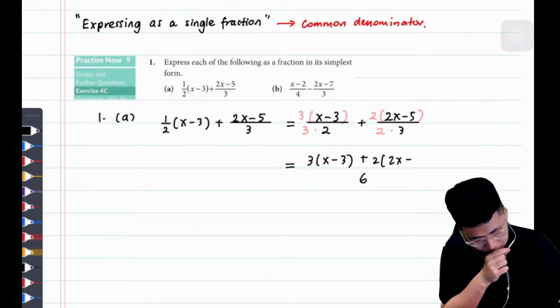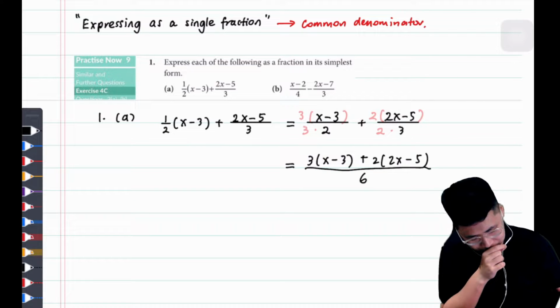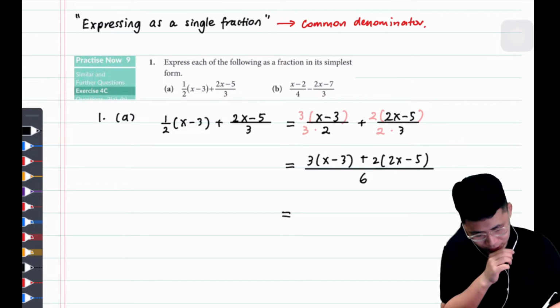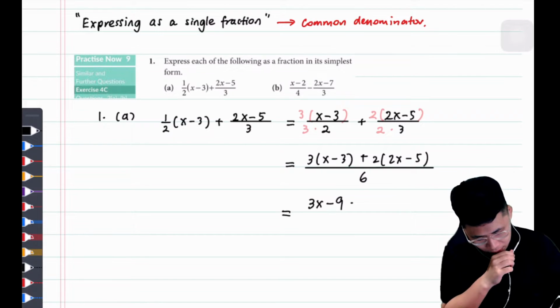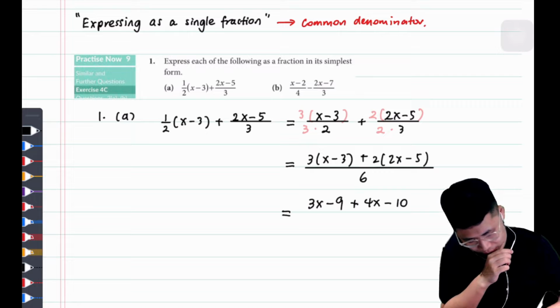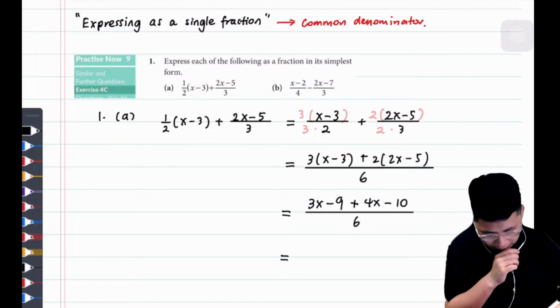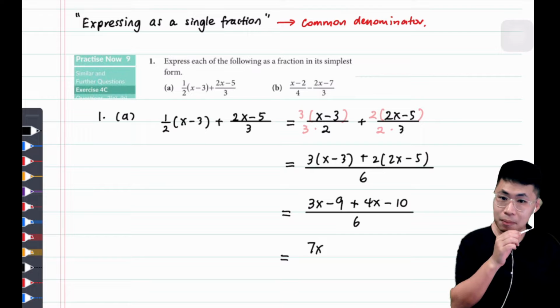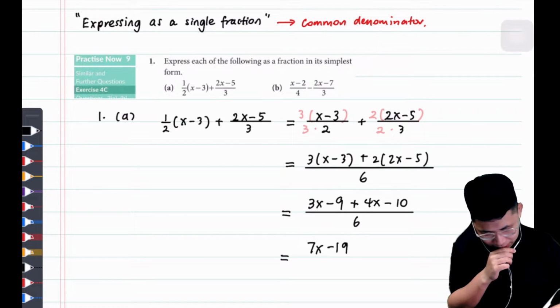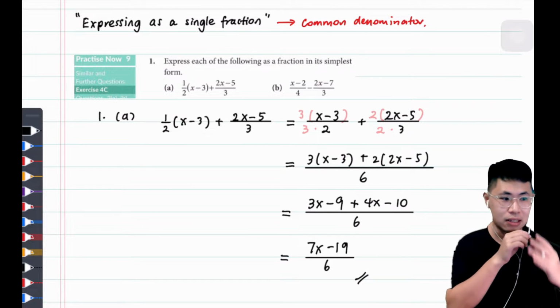Now let me expand. 3 times x, 3 times negative 3, positive 2 times 2x and positive 2 times 5. And last but not least, I simplify: 3x plus 4x, I have 7x. Minus 9 minus 10 would be minus 19. So we have 7x minus 19 all over 6 as my answer for the first part.